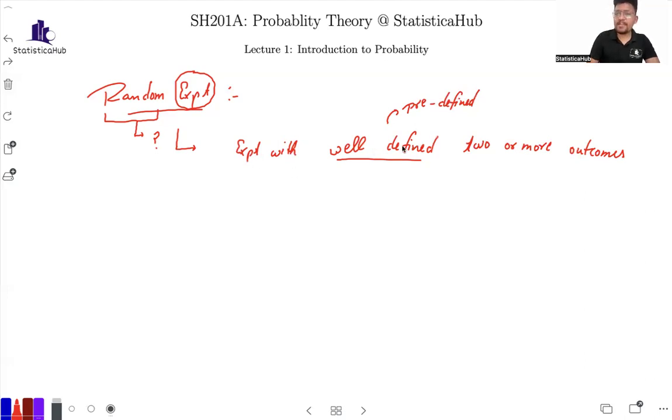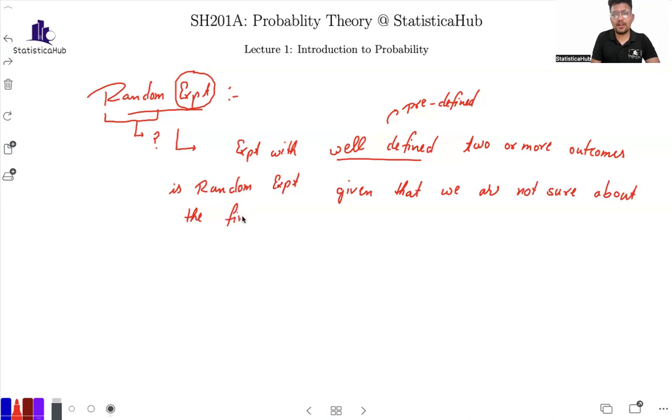So an experiment with well-defined or predefined two or more outcomes is a random experiment, given that we are not sure about the final event or the final outcome.